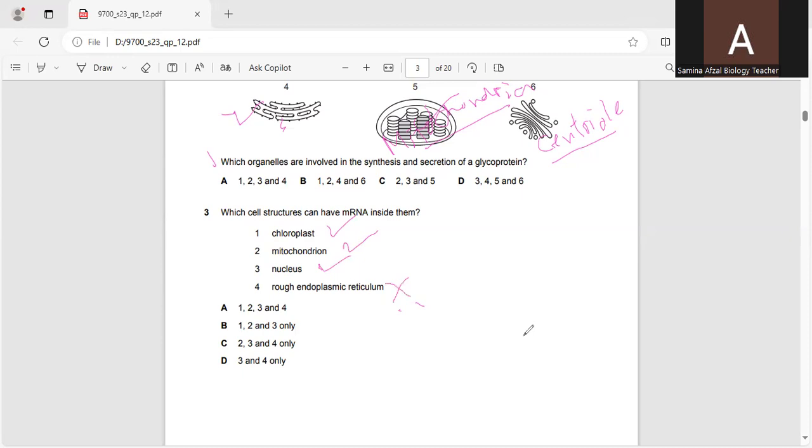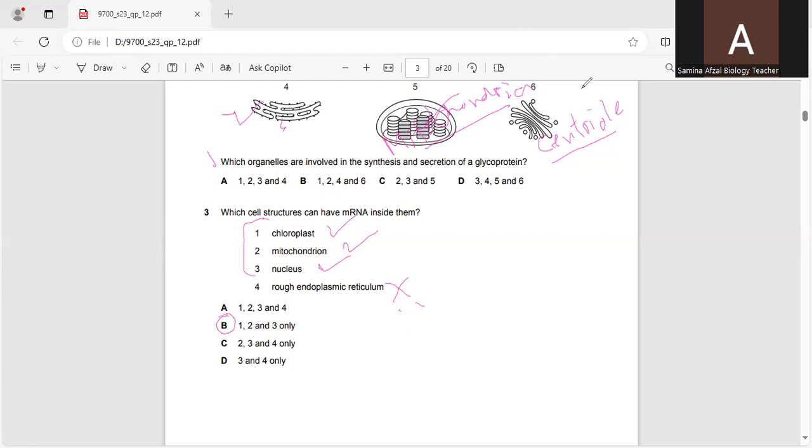Endoplasmic reticulum doesn't have messenger RNA; it doesn't need messenger RNA. Only chloroplast, mitochondria, and nucleus do, as the nucleus is involved in transcription, mitochondria in energy, and chloroplast in manufacturing. These 3 organelles are involved in different functions, so they have messenger RNA inside them. So according to this, B is the correct option.